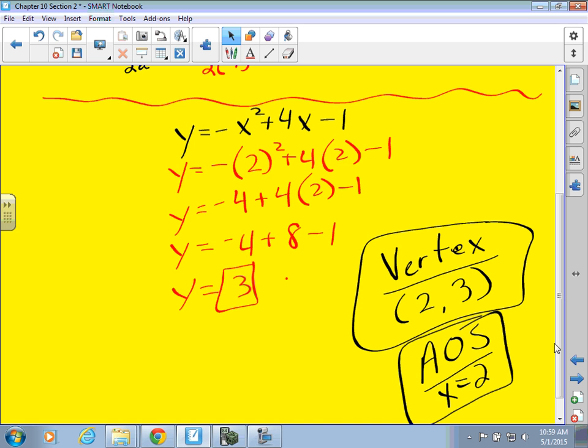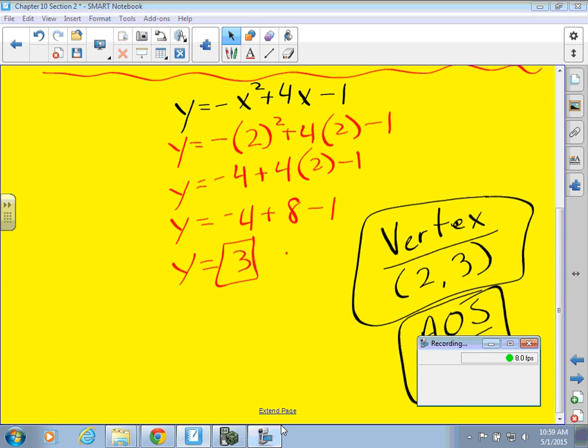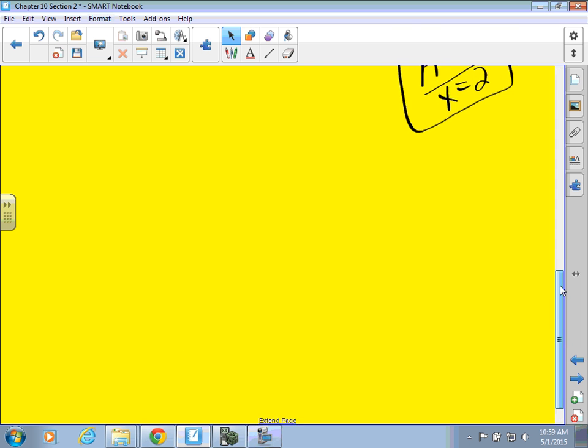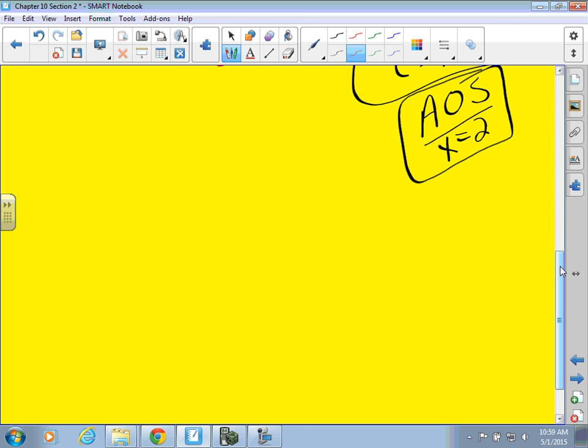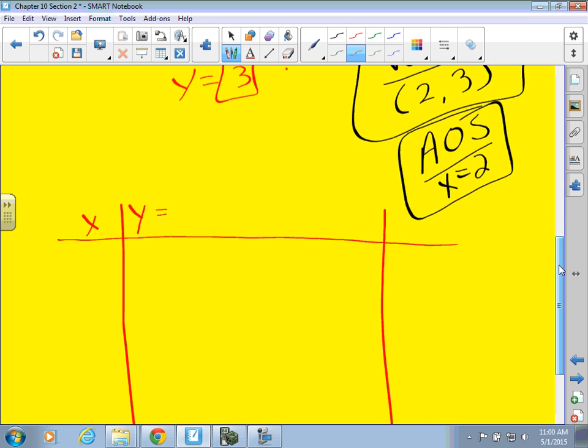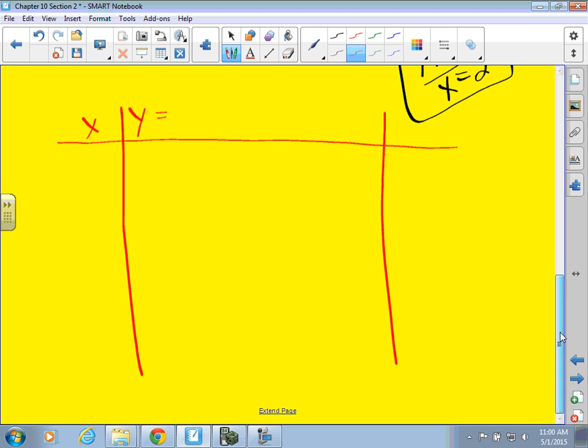Okay, what values am I going to plug in? I'm going to plug in a 1. Why did you get a 1? 1 smaller than the vertex. That's right. And that's what kids tend to forget. What would be my next value? 3. 1 bigger than the vertex.